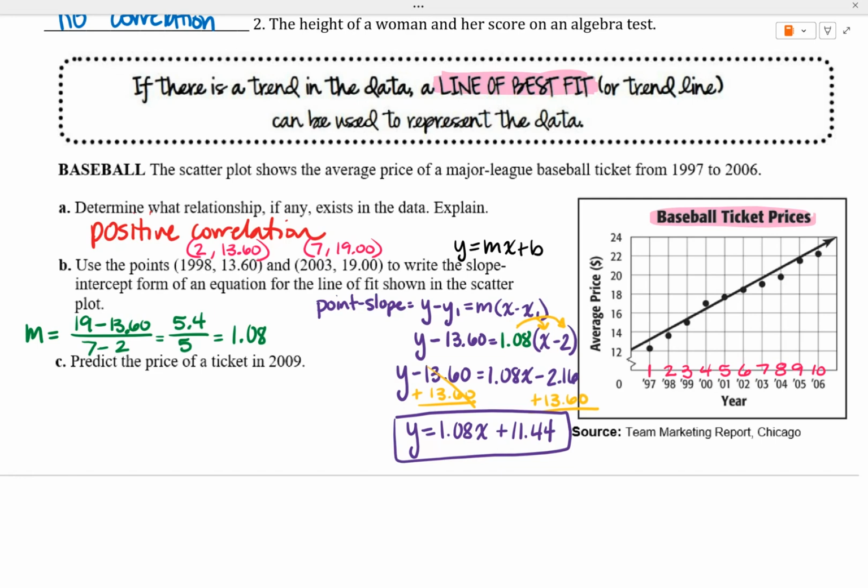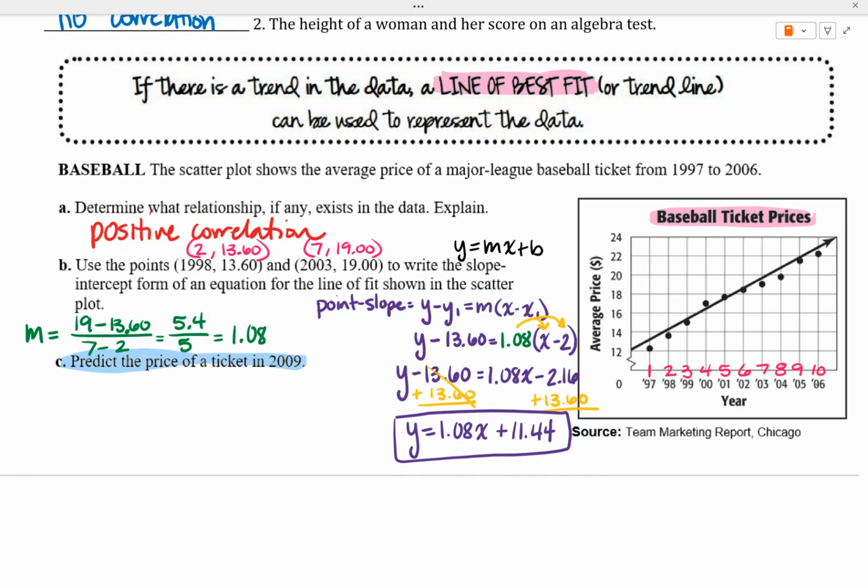Now what we want to do is predict the price for part C here. We are going to predict the price of the ticket in 2009, because we can kind of see where the trend is going, but 2009 is no longer on my graph. So 2009, we need to figure out what year 2009 would have been.